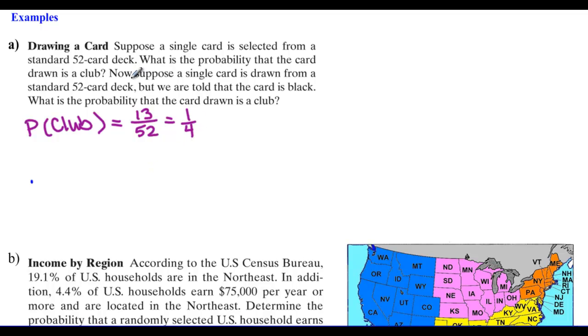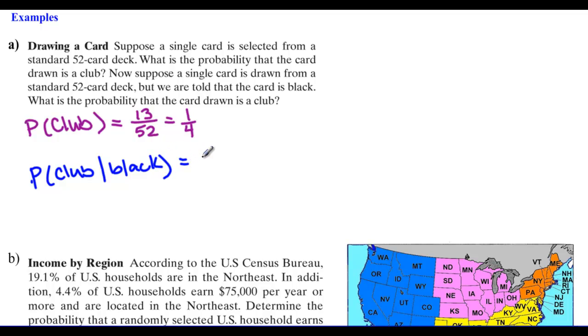All right, and now suppose a single card is drawn from a standard 52 card deck, but we're told the card is black. So now we're being given the information the card is black. What's the probability that the card drawn is a club? So we're trying to find the probability that we have a club given that we have a black card.